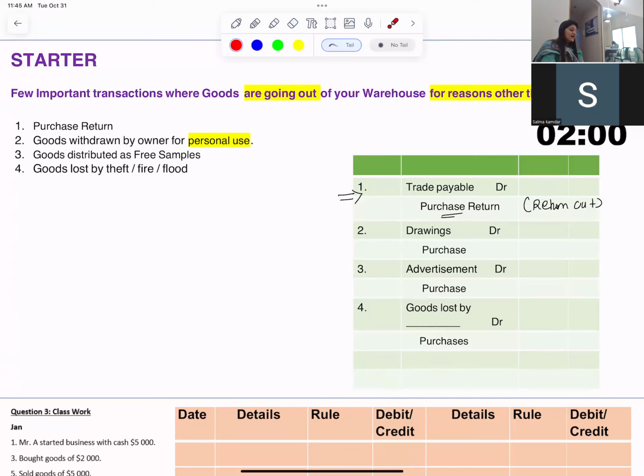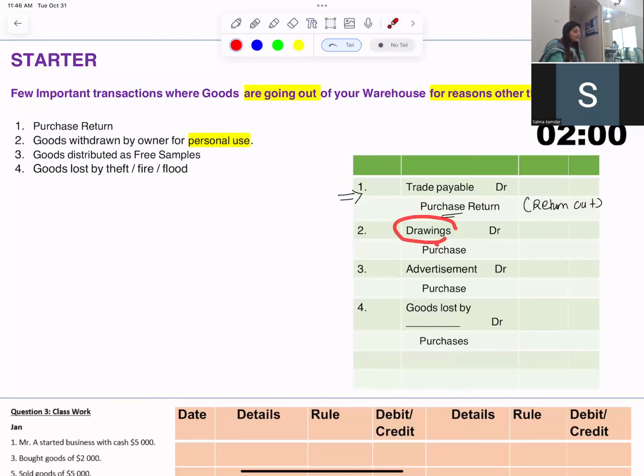That means the goods are going out of the godown for personal use. One account that is involved is drawings. And which goods are going out?